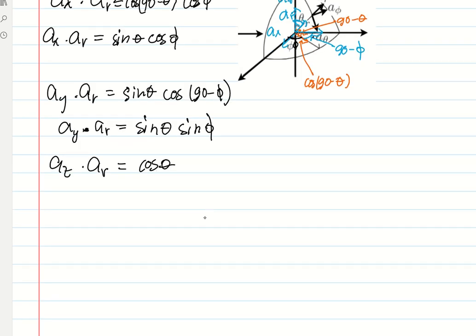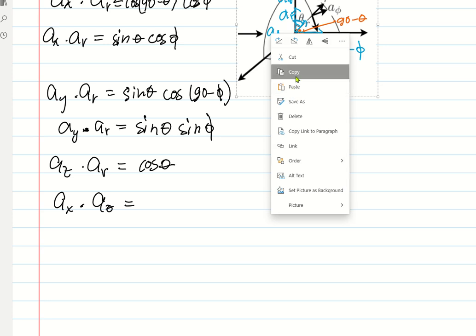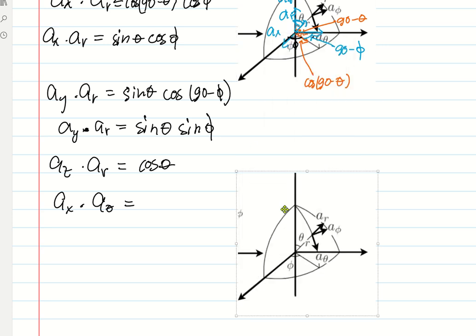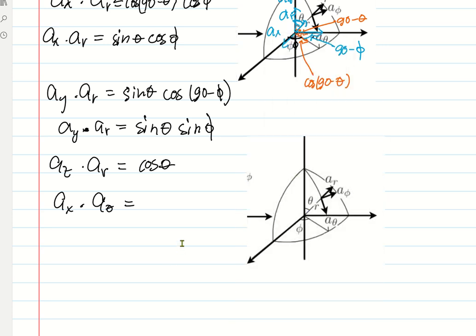For the theta, so ax dot a theta. So if we copy this one again. So where is our a theta? This is our a theta here, somewhere here. So if we project it somewhere here, this is a theta. But again, we need to project this a theta in the xz plane, in the ax plane.